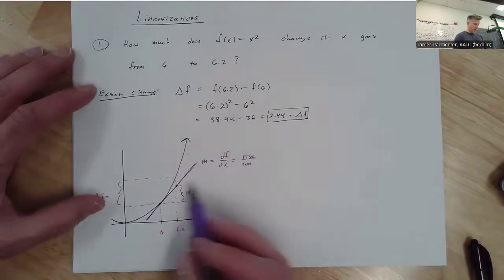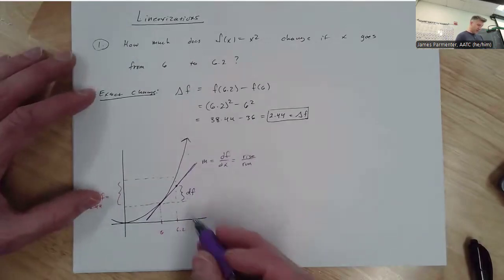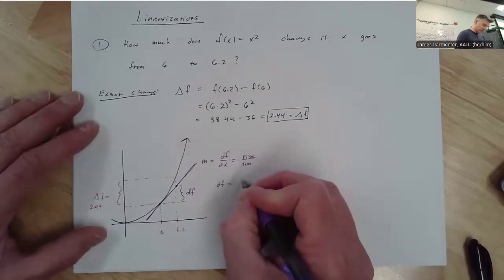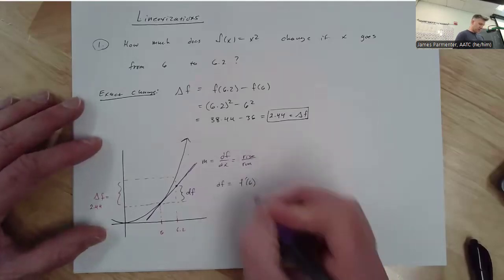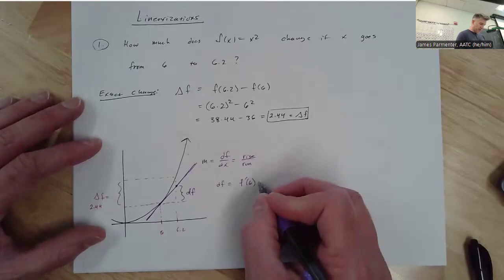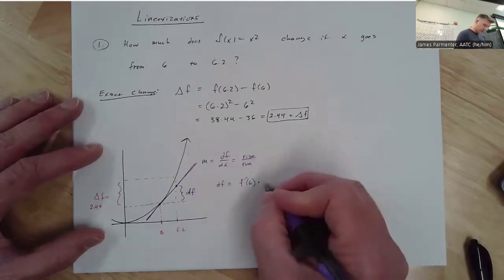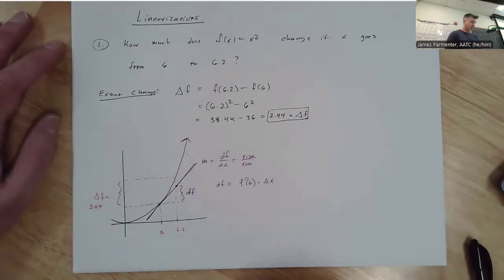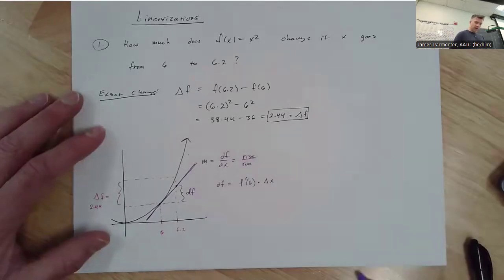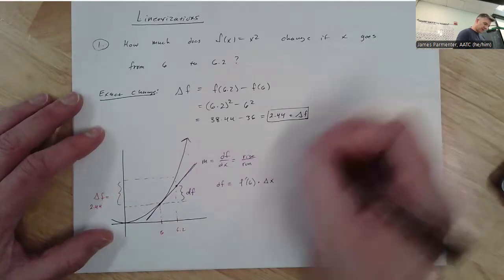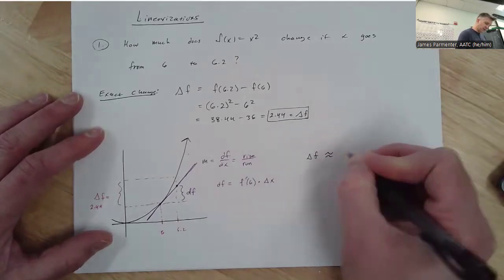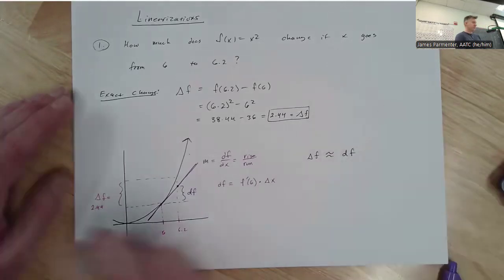It's still kind of like a rise over a run. So in this particular problem, we can see that the rise part, the df, is equal to the derivative, let's say f prime of 6, multiplied by the run, the delta x. So our df is an approximation of our delta f.